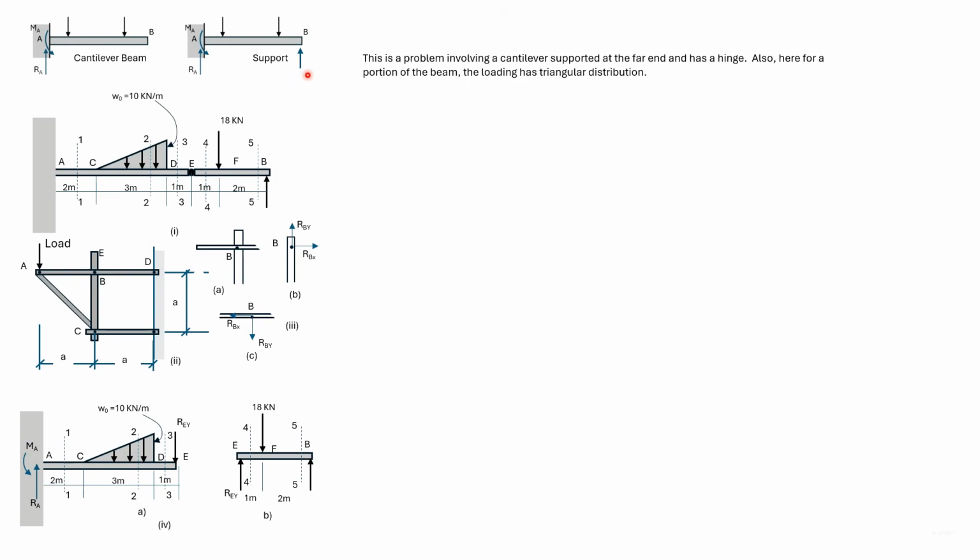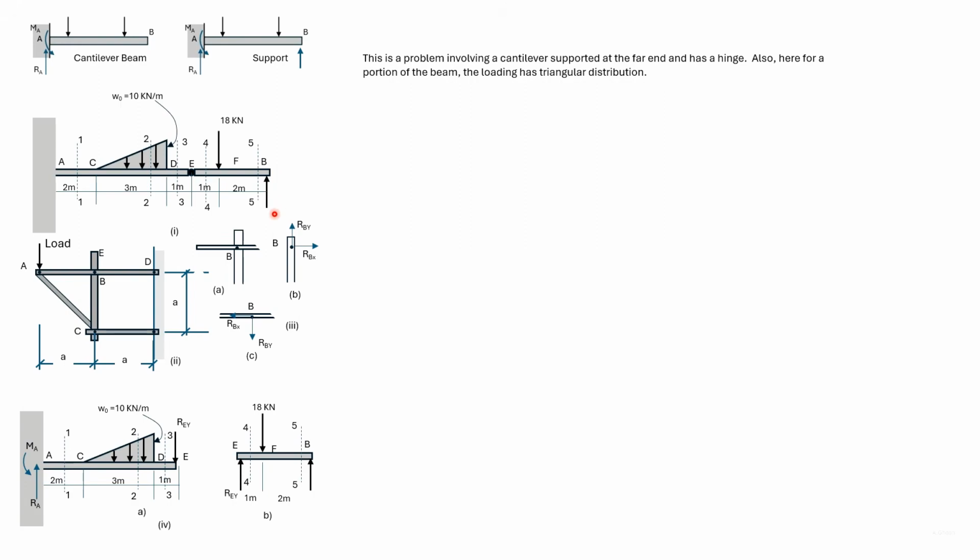Here there's a support at B, and hence there are three unknowns, but we still have two equations from statics. So this case is statically indeterminate. We will develop the shear force diagram and the bending moment diagram for this problem.